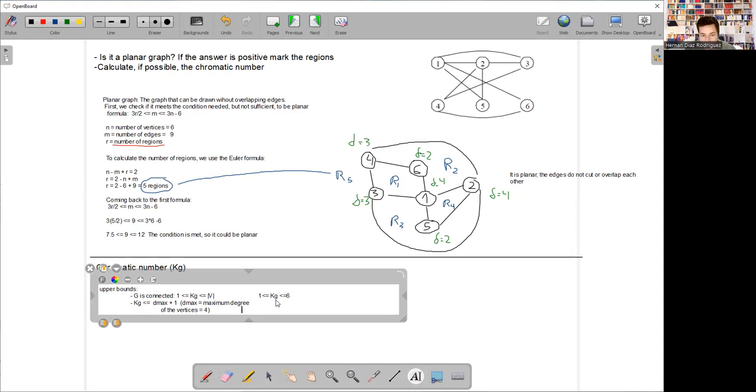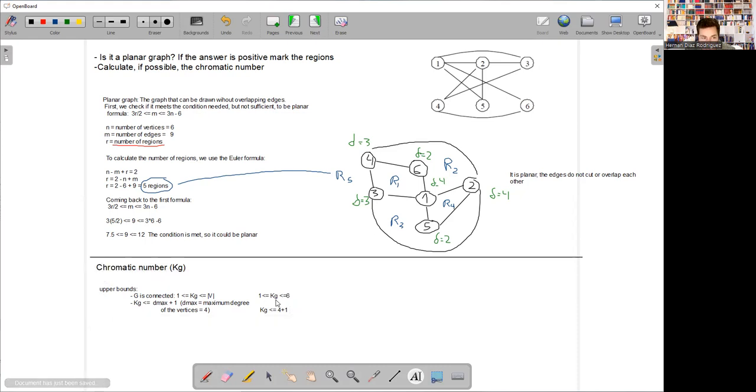So then the formula says that the chromatic number is lower than or equal to 5. Okay, so it's already, well, let's say 4 plus 1, okay?